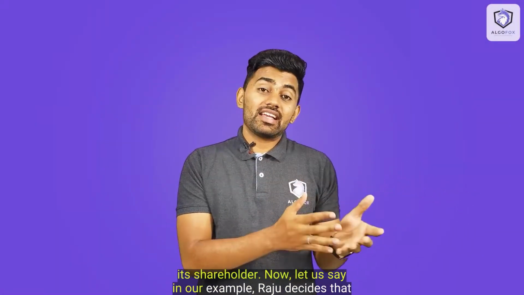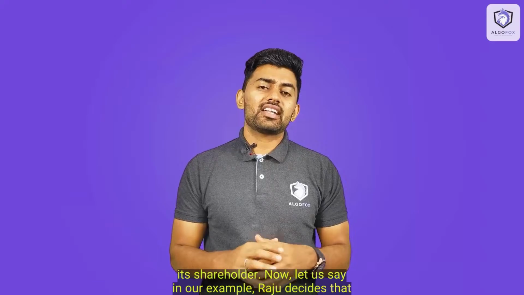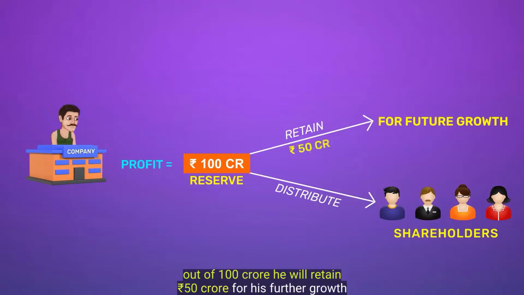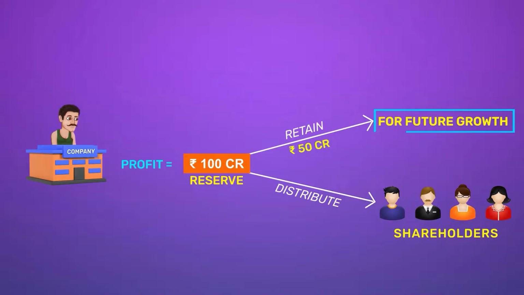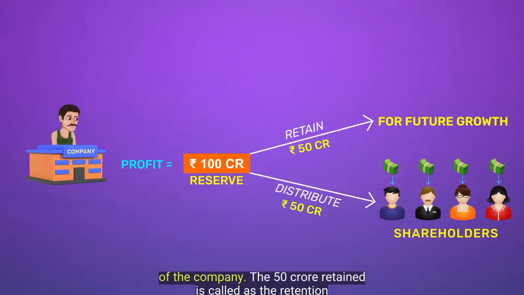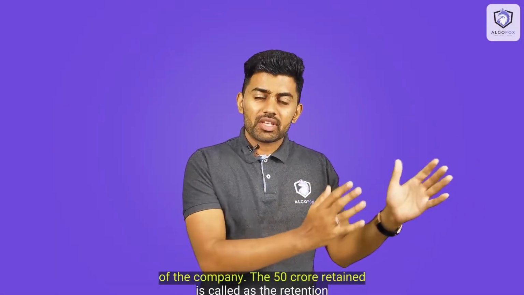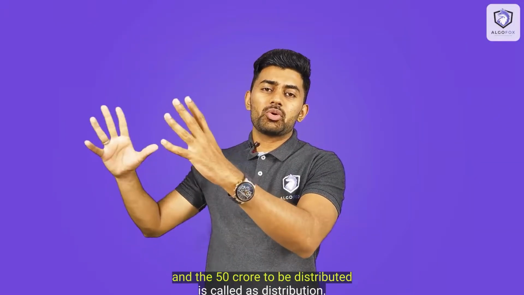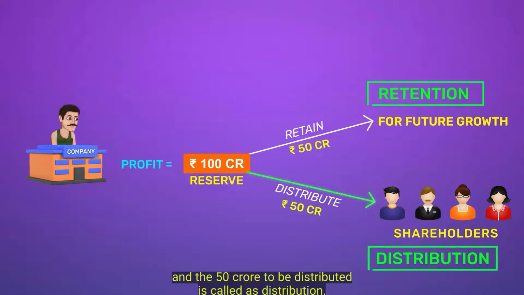Let us say Raju decides that out of 100 crore, he will retain 50 crore rupees for his further growth, and he will distribute 50 crore rupees among the stakeholders and shareholders of the company. The 50 crore retained is called retention, and the 50 crore to be distributed is called distribution.